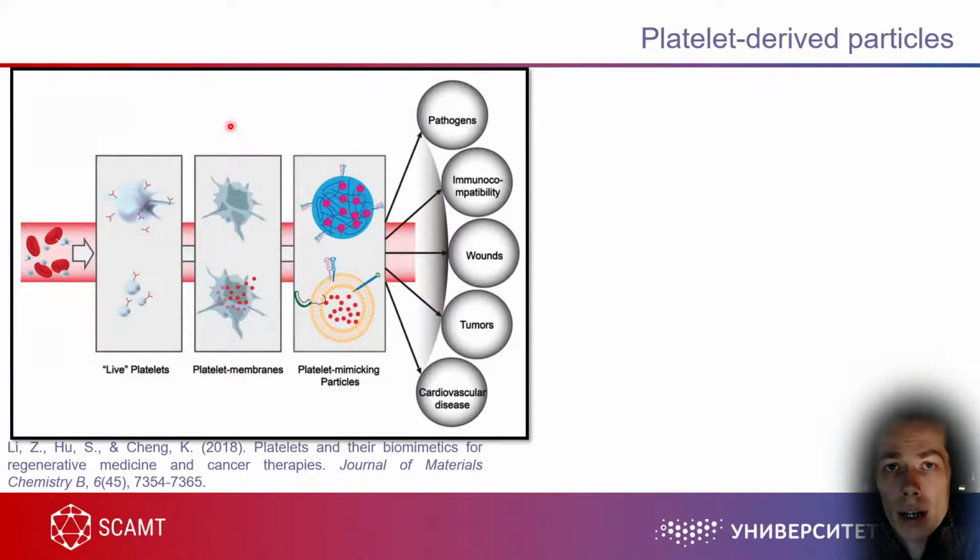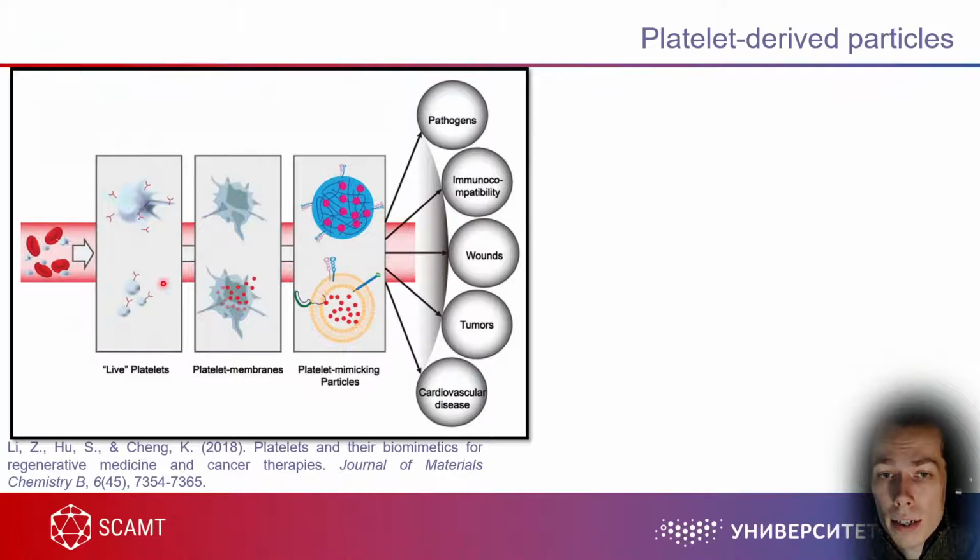It's not very hard to produce a platelet membrane. We just need to adjust the ionic strength of the solution, so these platelets will just pop up, everything will go into the media, and we just collect these membranes of the platelets, and then we can use them to cover some of the particles in membranes.